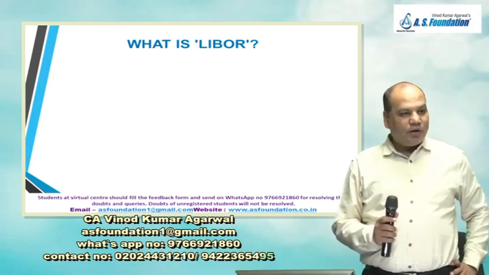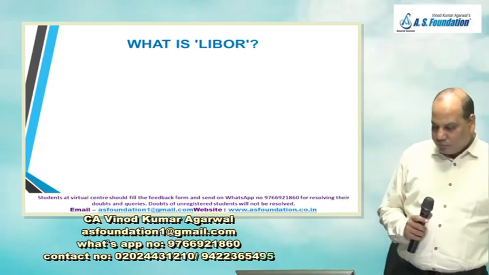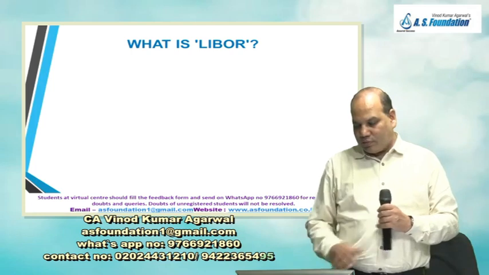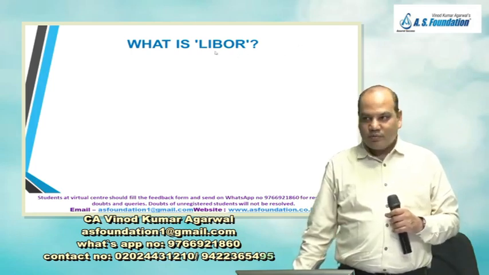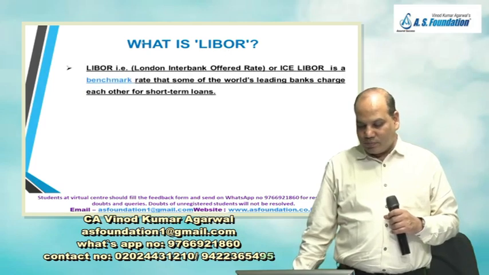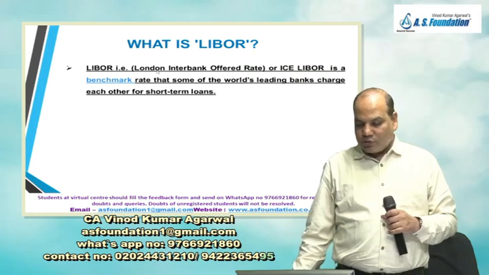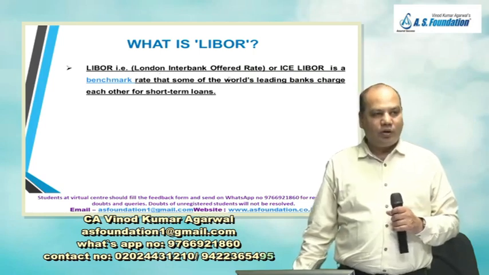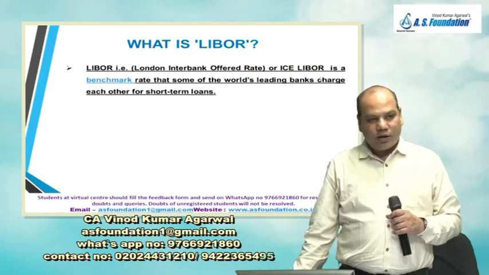Now the next rate which is used worldwide is called LIBOR, or some people pronounce it differently. So what do you want to say? LIBOR stands for London Interbank Offered Rate, or it is also called ICE LIBOR.